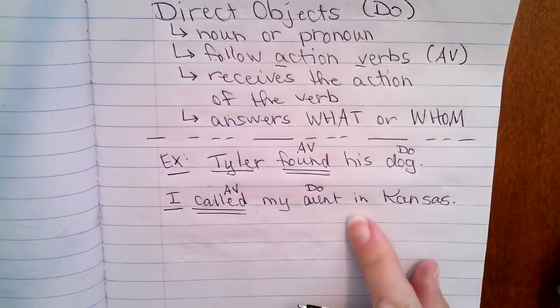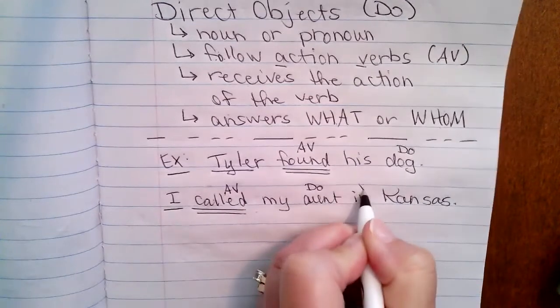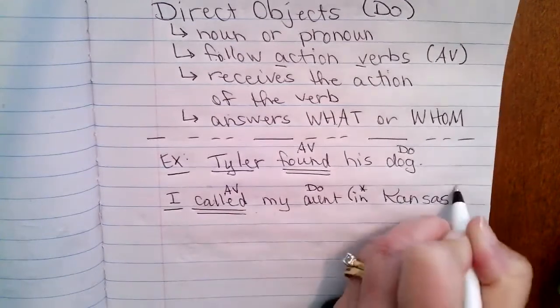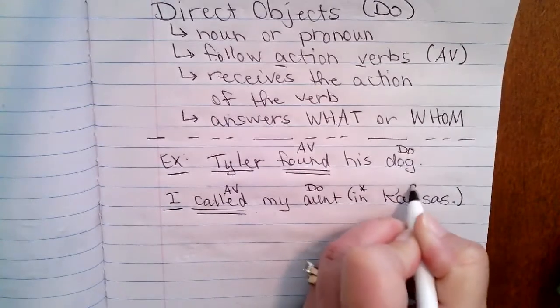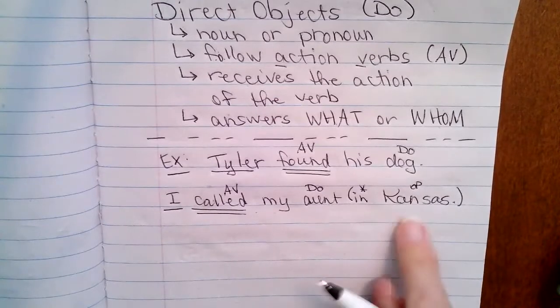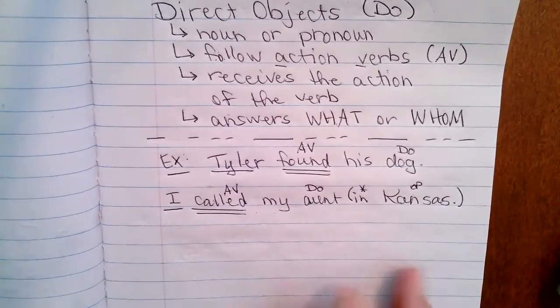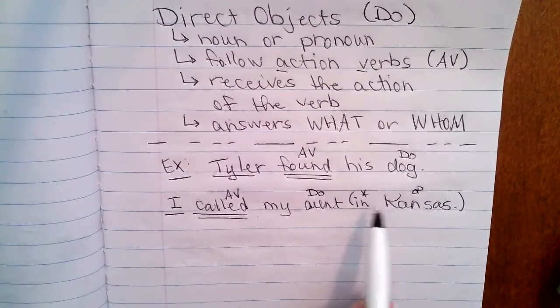Now, I want to go ahead and point something out. This right here, in Kansas, in is a preposition. So we've got a prepositional phrase. This is our OP, our object of a preposition that we've already practiced with. You guys remember this when we talked about complements yesterday. Complements will never be found in a prepositional phrase.